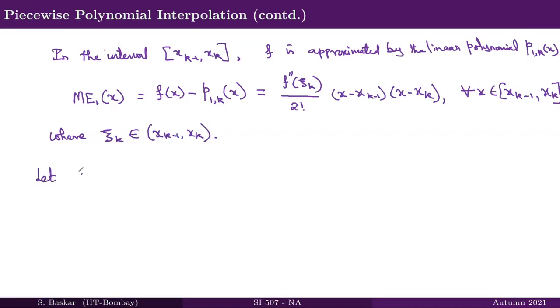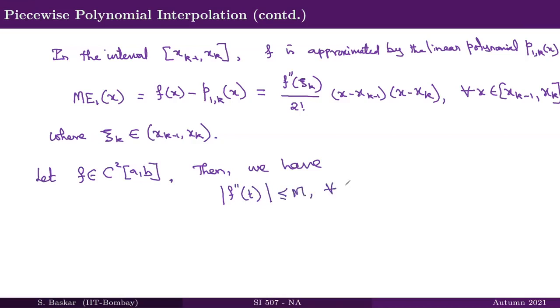Now let us assume that f is a C2 function defined on the interval [a,b]. Then f double dash is a continuous function. And since it is defined on the closed and bounded interval, we can always find an M such that modulus of f double dash of t is less than or equal to M for all t in the interval [a,b].